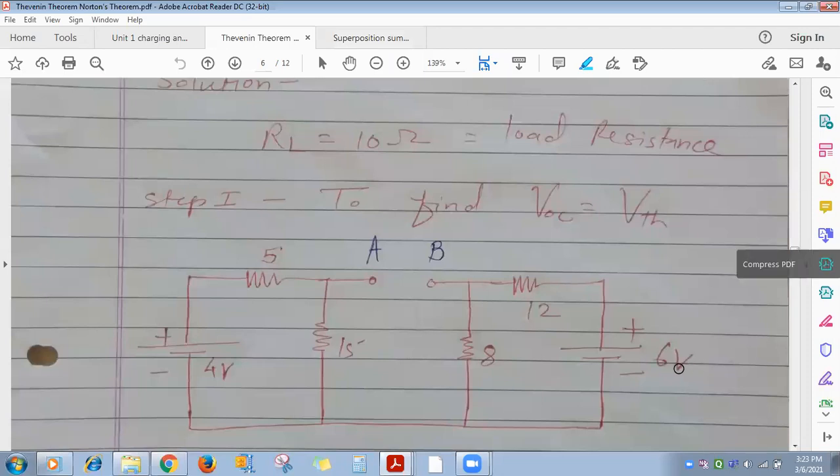Everyone draw the circuit. Once you finish with this, tell me. Entire circuit as it is, only remove load resistance.